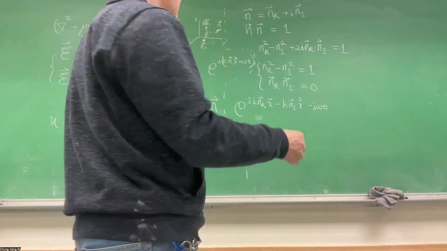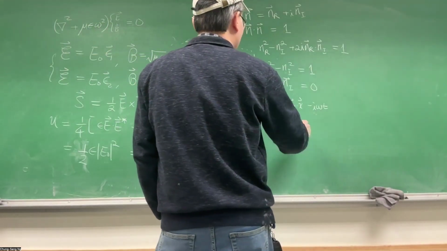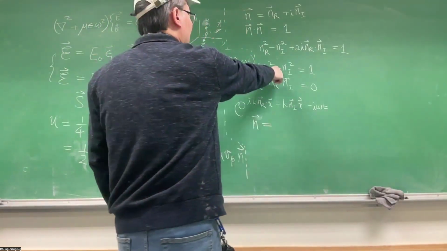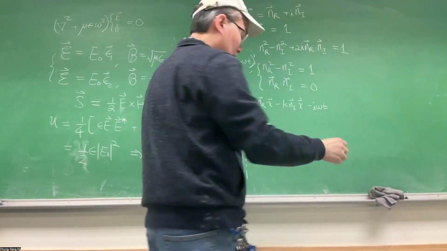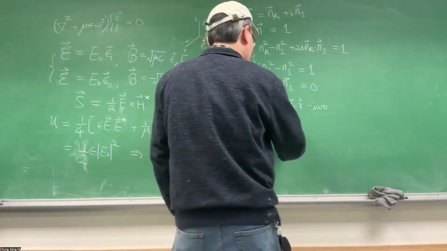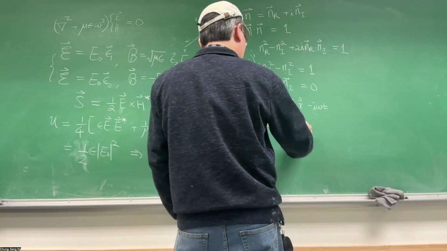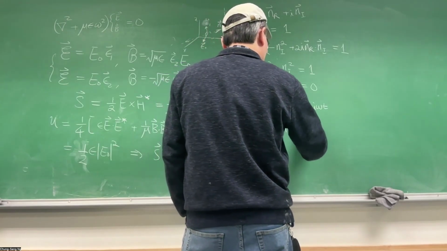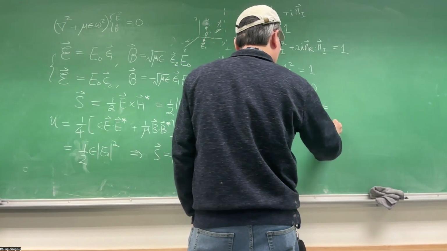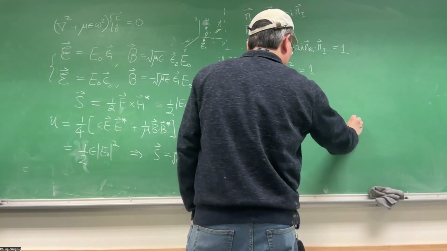They are perpendicular to each other, so you write N. And then to satisfy the real condition and this condition, you use a cosine function. So E sub 1 unit vector is cos theta plus i sin theta.